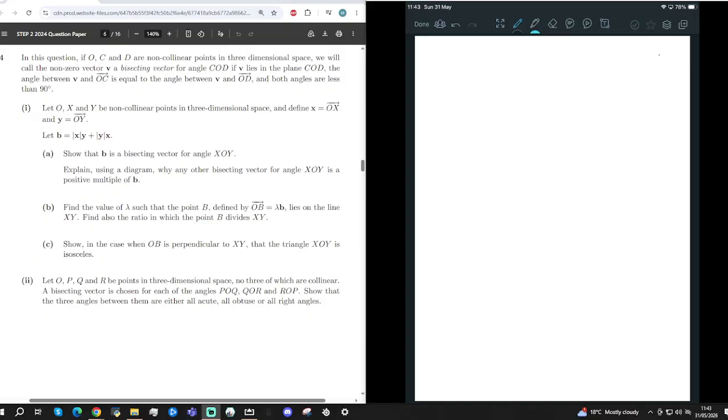This is now question 4, still a pure question within the 2024 paper. And again, quite a classic style. We have, to start this question, a new definition.